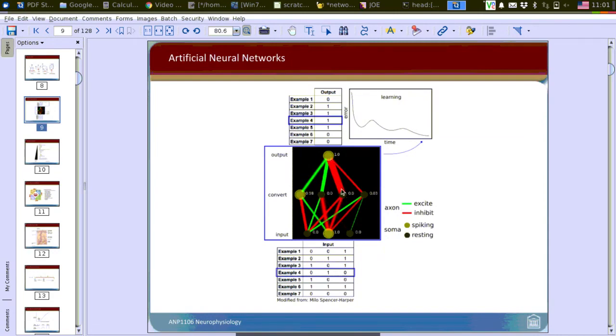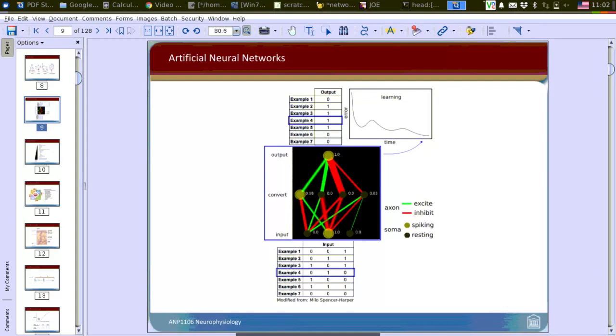In this case, it's a lot of inhibitory neurotransmitter that's released to produce a very strong inhibition on the postsynaptic membrane. So the mechanism is by the size and sign of the synaptic connections.